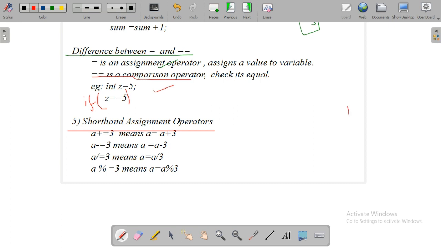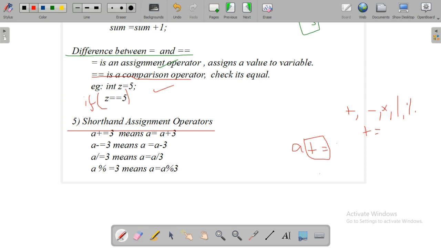Then the next operators are shorthand assignment operators. Assignment operator means there is an equal to. Shorthand assignment operator is a combination of other operators with the assignment operator. For example, arithmetic operators like plus, minus, multiplication, division and modulus. When an arithmetic operator is combined with the assignment operator, it is a shorthand assignment operator.